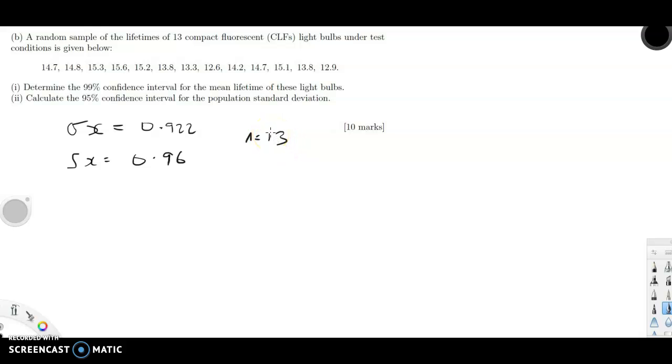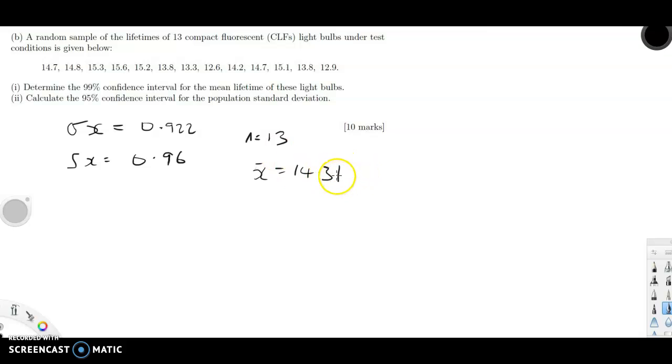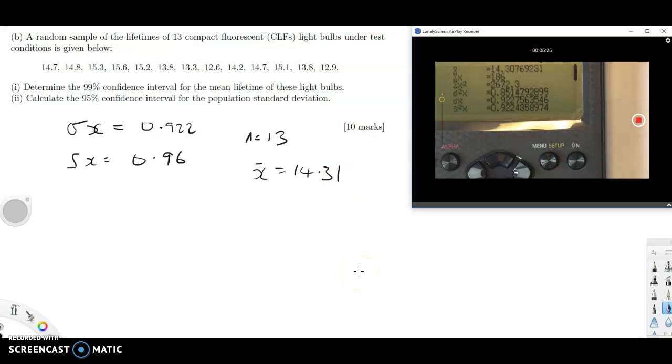On with x bar. x bar equals 14.31, to 2 decimal places. What else? That's about it.